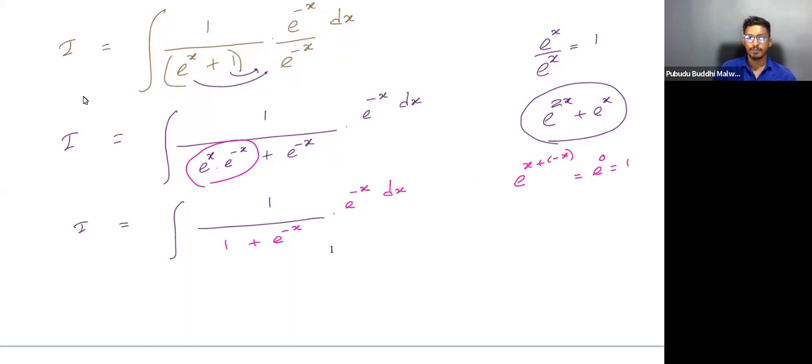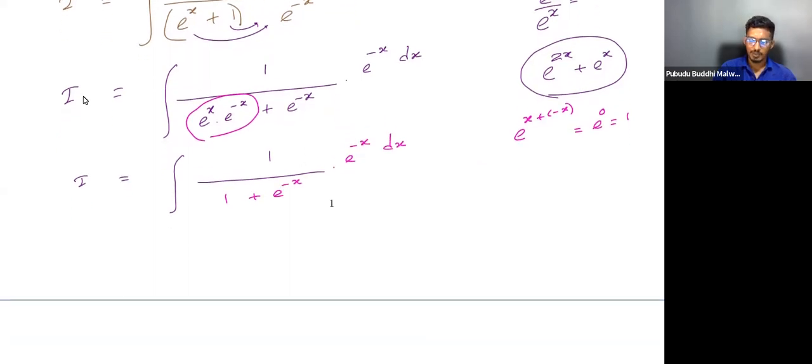Then, as you can see, we can use 1 plus exponential minus x as our substitution, because the derivative of that part equals exponential minus x times minus 1. I just applied the chain rule.